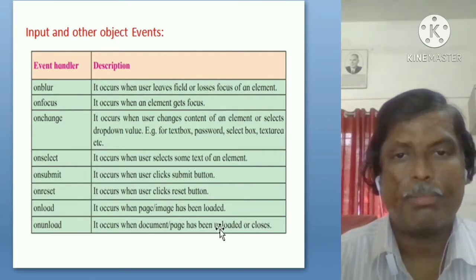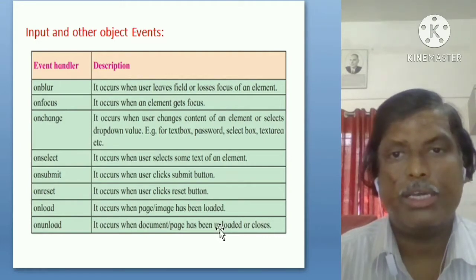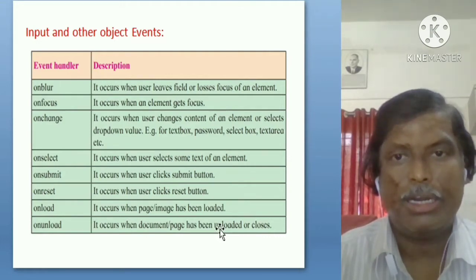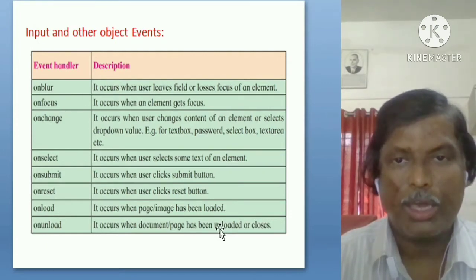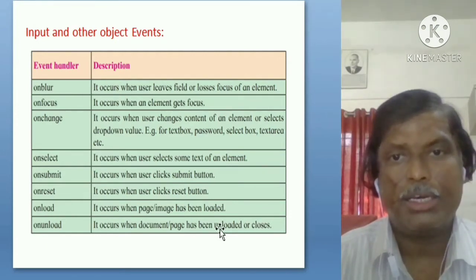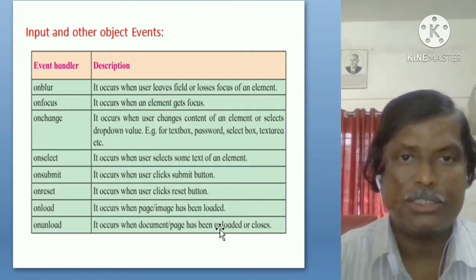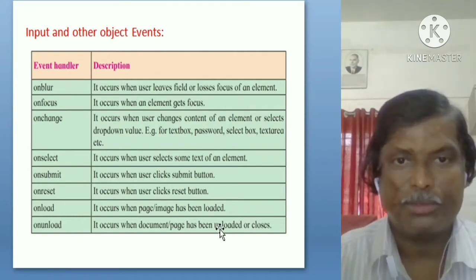So we know that when we are inserting a field like a text box, firstly it is empty, and when we enter some text then it gets filled. So that is called the onChange event handler.